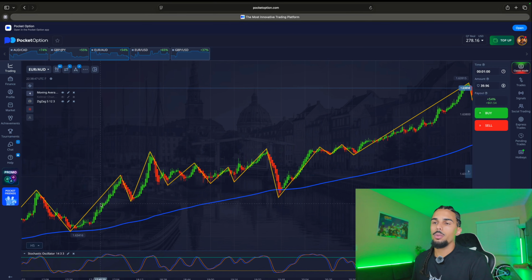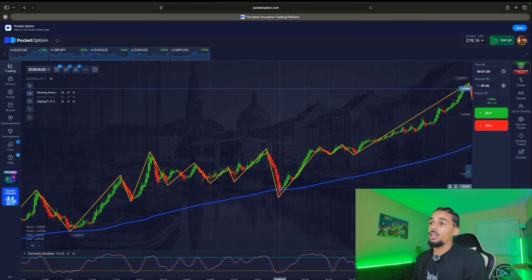We got another example here. We got price going up, small pullback, up, small pullback, up, small pullback, came down a small bit past the 200 EMA, but at the end of the day, the EMA was like, nah, we're in an uptrend.